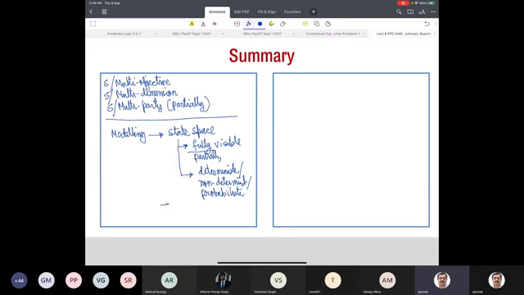We also briefly looked at probabilistic reasoning using belief networks. And we saw heuristic search in deep detail, where we looked at algorithm A star, IDA star, MDFBB, right?